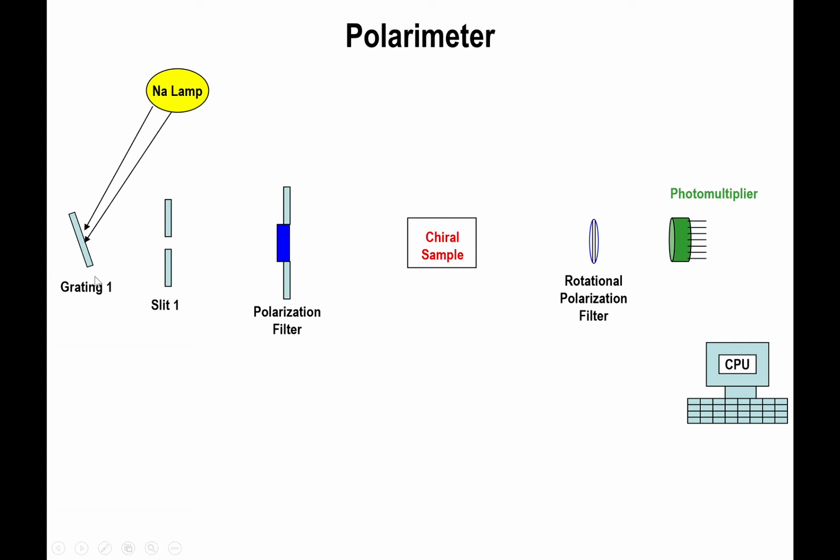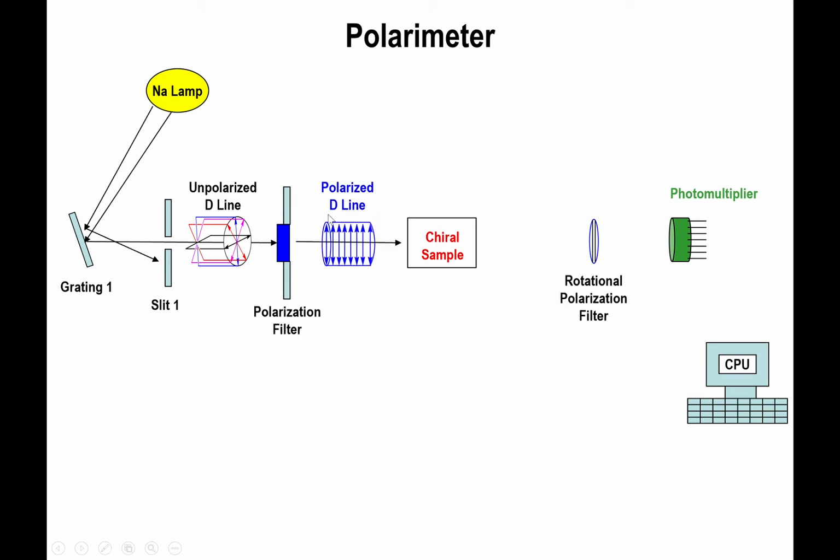Using a grating, you can select for the D line of the sodium emission to be passed through. And technically speaking, this light of the D line emission of sodium is unpolarized, so you have the rotation of the light every which way. But this D line emission is passed through a polarization filter, which gives you a unique polarized pattern of light. Now it's only in one direction, up and down, if you will, in this picture.